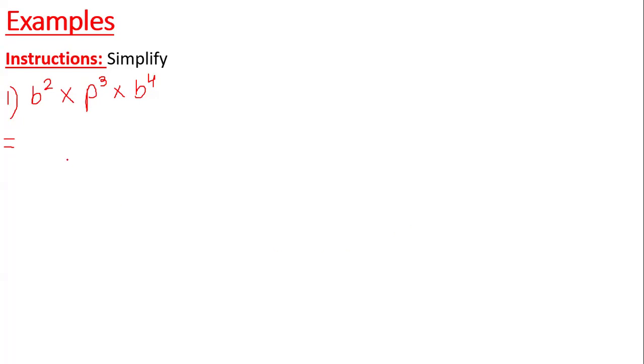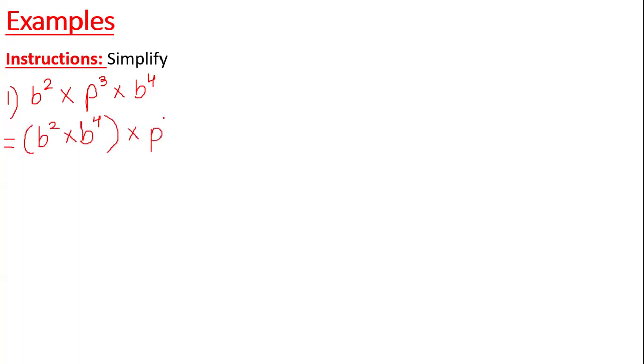Let's follow that. You're telling me that we have to group the b's together. So we're gonna say b to the power of 2 multiplied by b to the power of 4, and then we're just gonna leave the p outside.